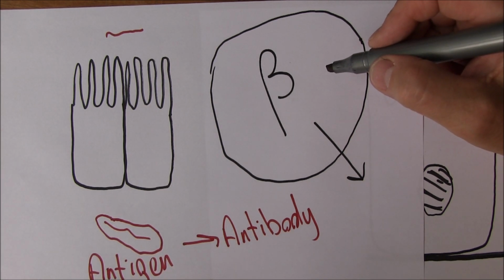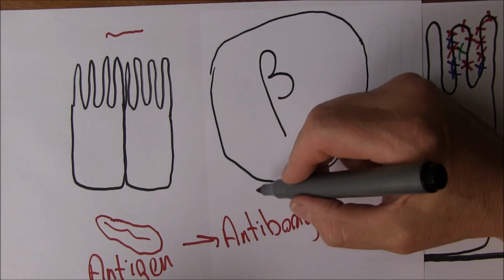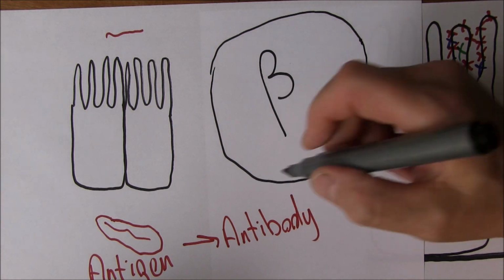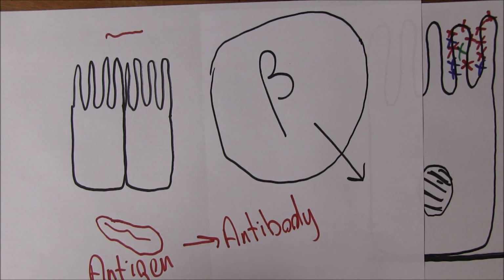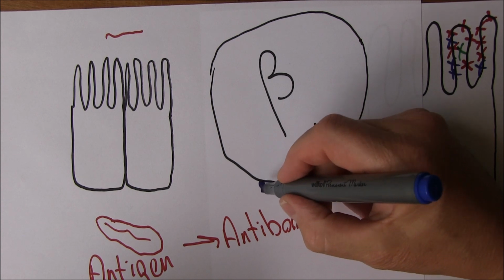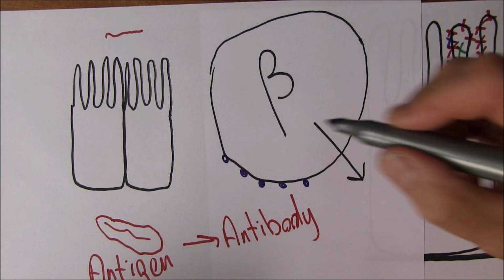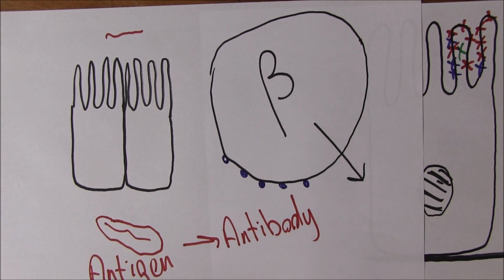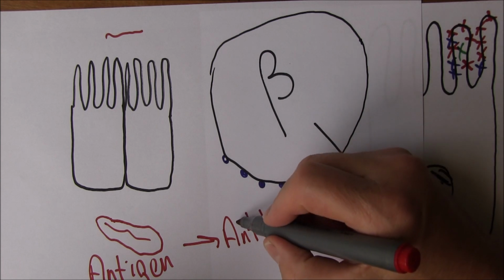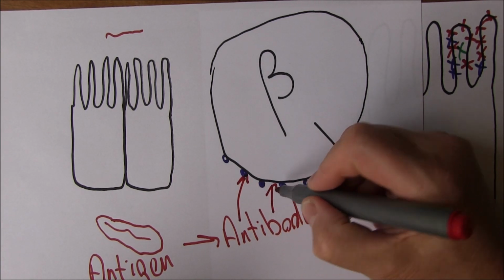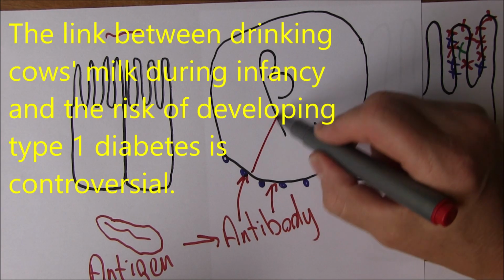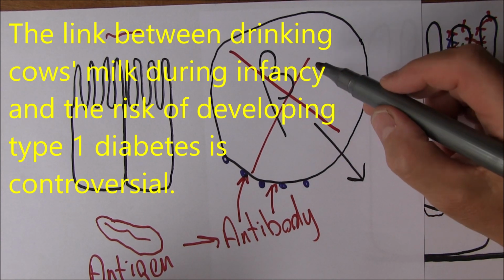It seems that these antibodies can mistake proteins on the surface of the beta cell for cow proteins. And that means that these antibodies to the bovine albumin can actually attack the beta cells and can potentially kill them, immunologically destroy the beta cells.